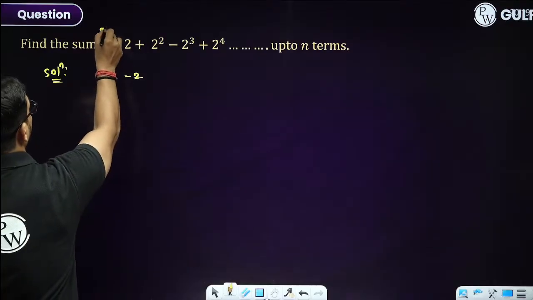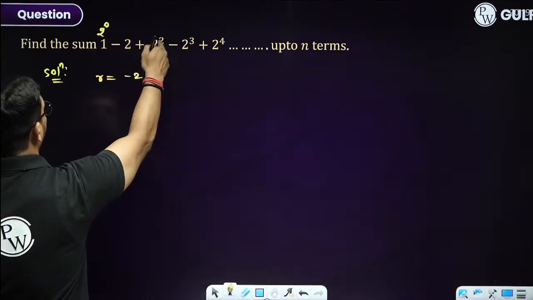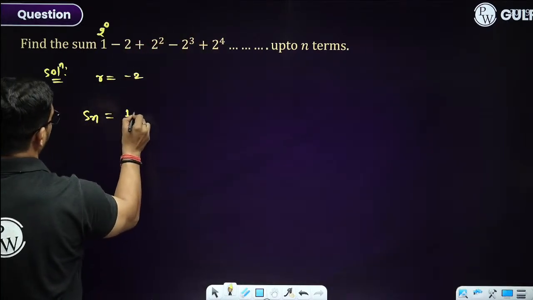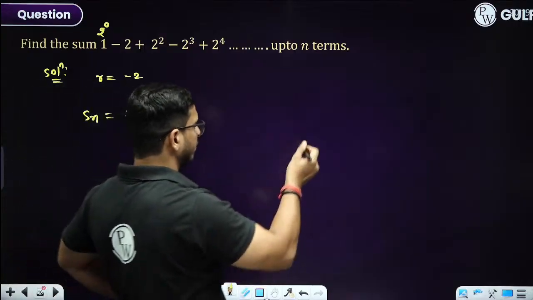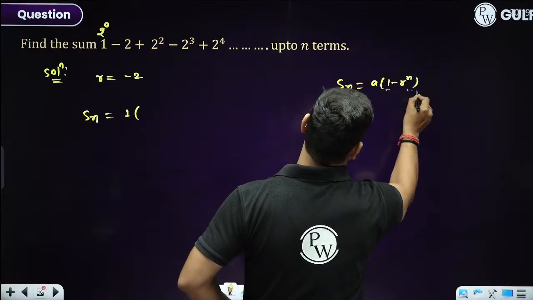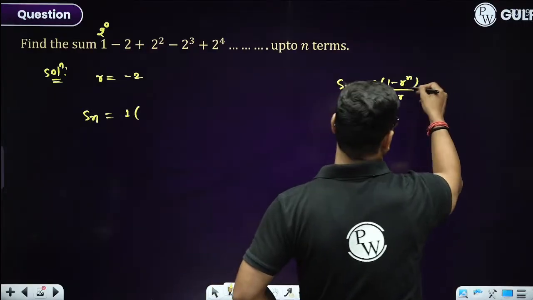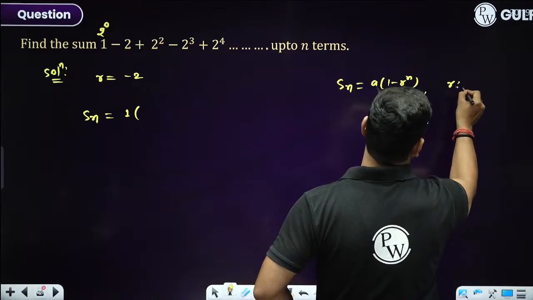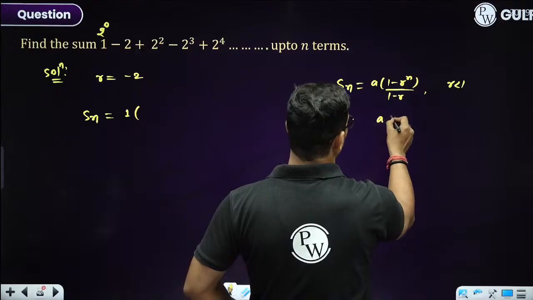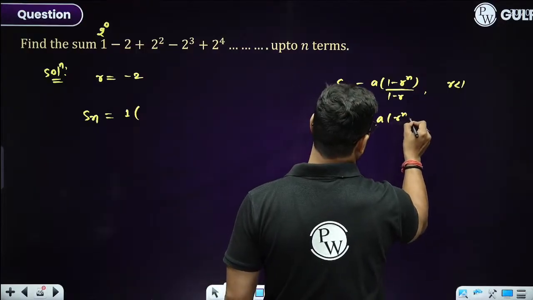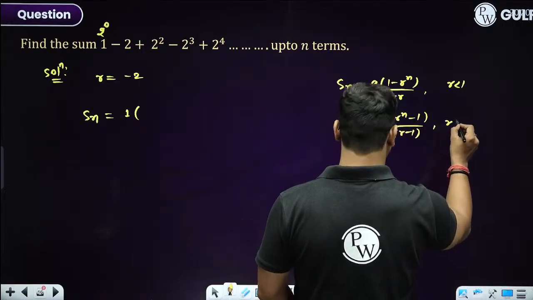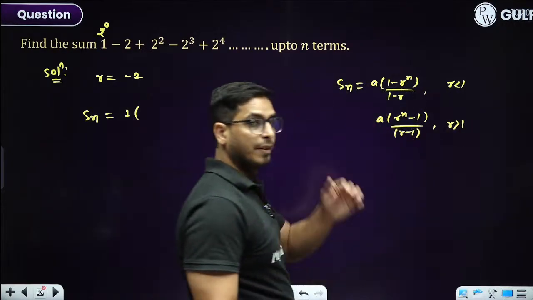And a we have, this is nothing but 2 to the power 0, 2 to the power 1, 2, 3, 4, and so on. So Sn, first term is a. Whenever you write Sn equals a 1 minus r to the power n by 1 minus r, you can use this when r is less than 1. We may use r to the power n minus 1 divided by r minus 1 when r is greater than 1.